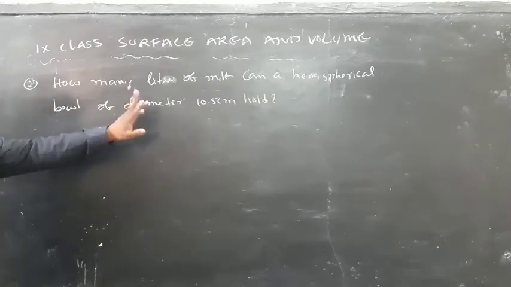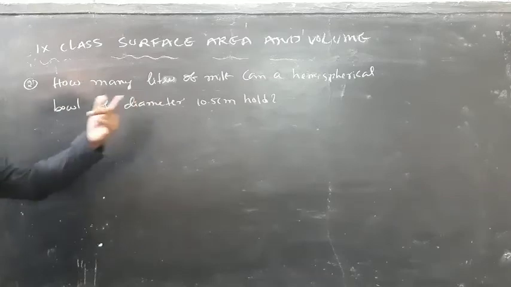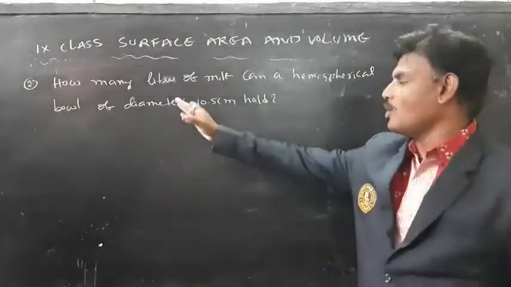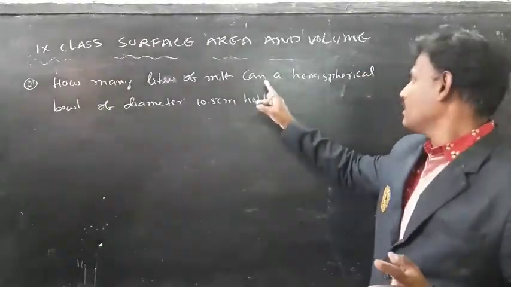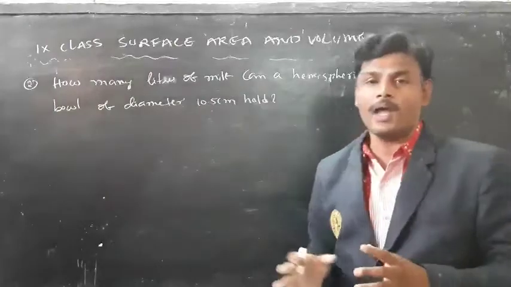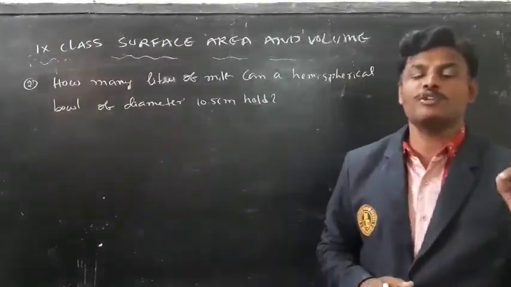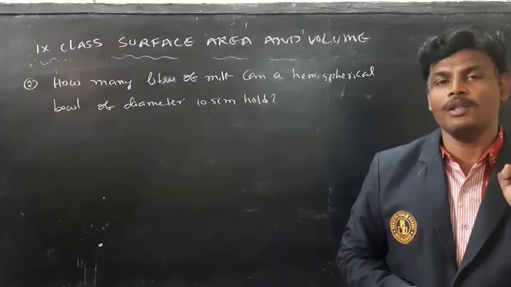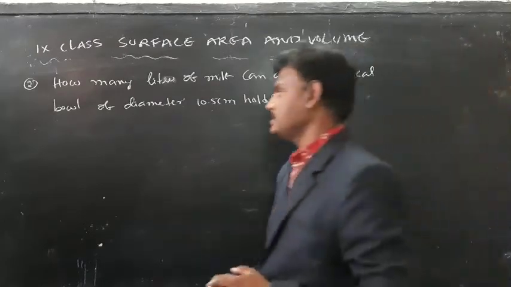How many liters of milk can a hemispherical bowl of diameter 10.5 centimeters hold? So here one hemispherical bowl is there. What is the diameter of that bowl? 10.5 centimeters.